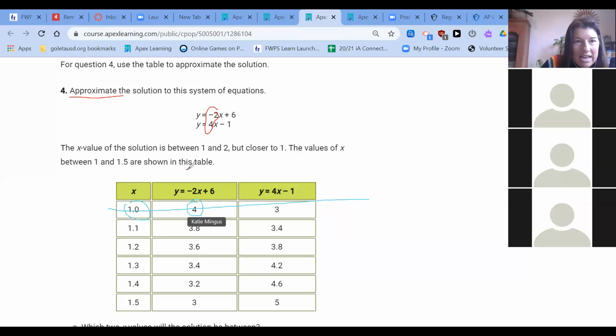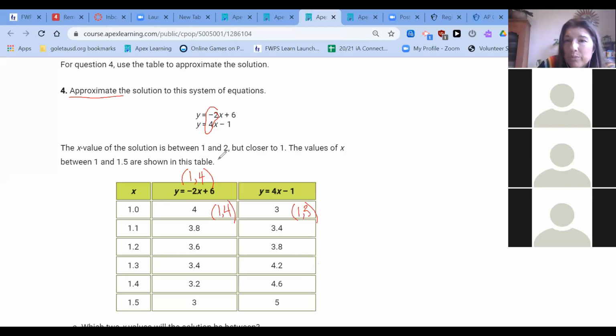Good. So you're saying the coordinate pair 1, 4 is on this line, and maybe we should put it in the table. Maybe that would help visualize it. So the point 1, 4 is on this line, y equals negative 2x plus 6, whereas the point 1, 3 is on that other line. Good, good strategy.